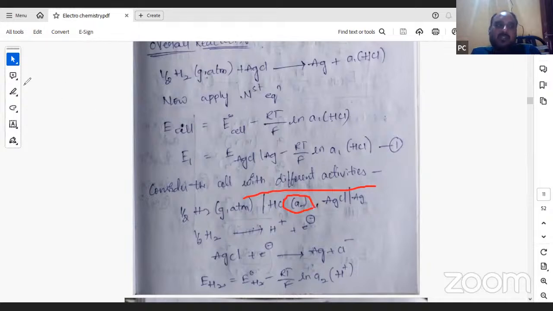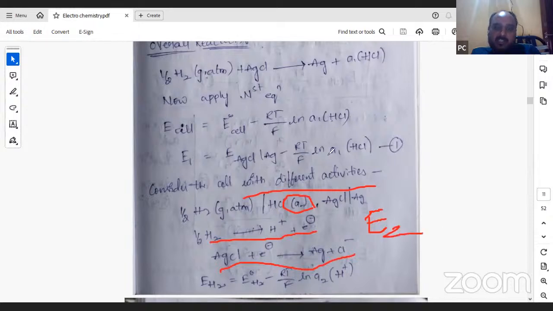This time too, the hydrogen is involved in oxidation and the silver chloride is involved in reduction. Therefore, we can write the overall cell reaction and apply the Nernst equation, and we can get E2.